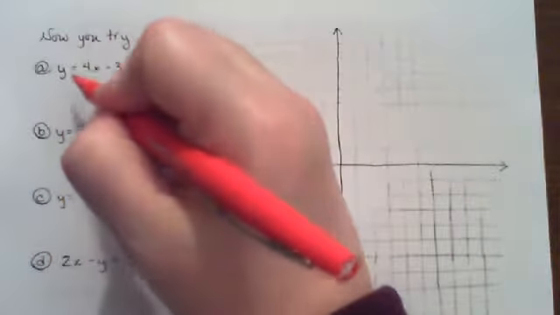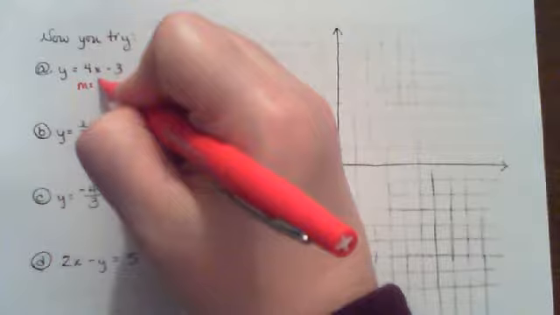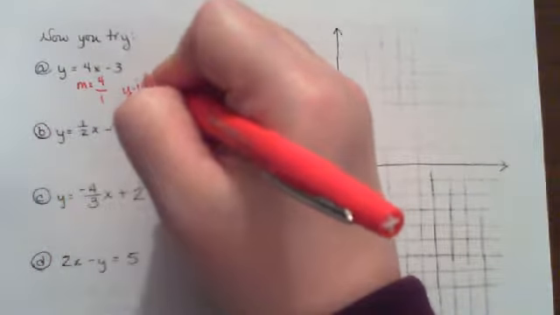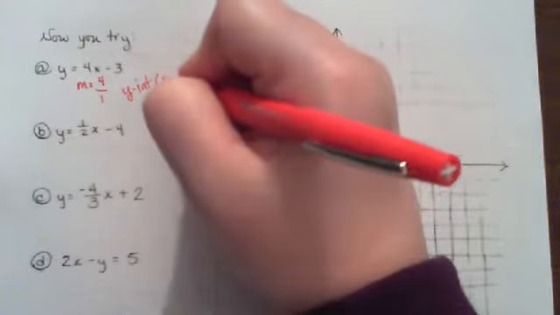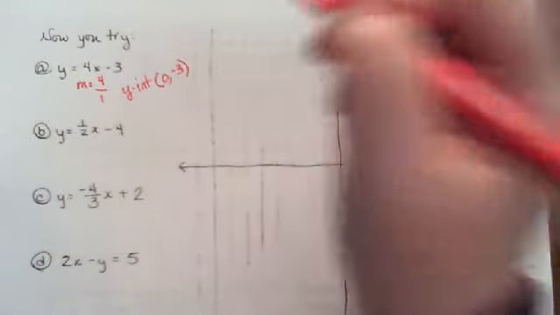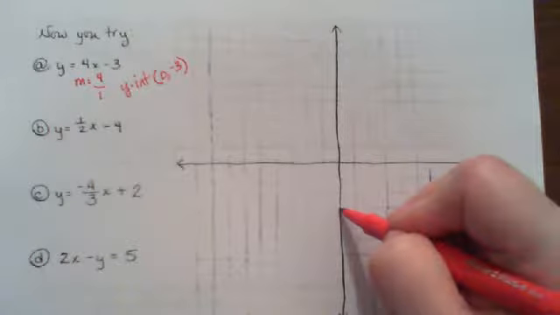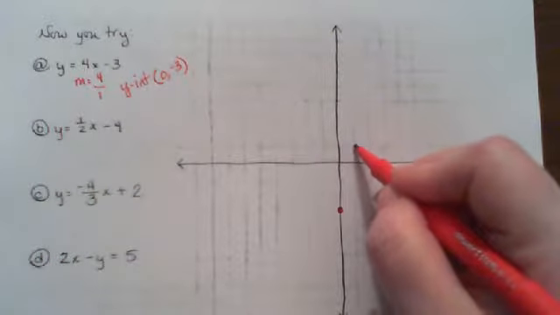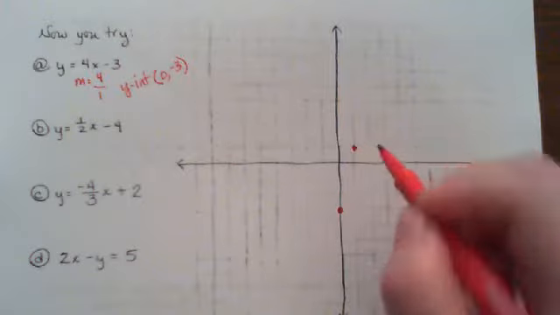So for A, we get that the slope is 4/1, and the y-intercept is at 0, -3. So I go down here to -3, put my dot, go up 4 and over 1.